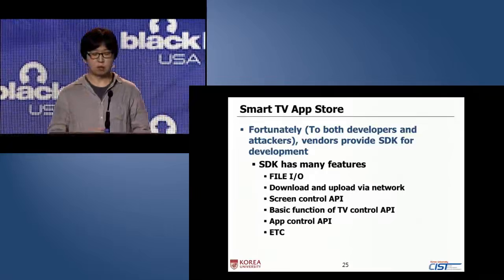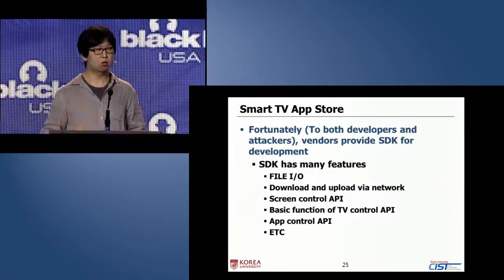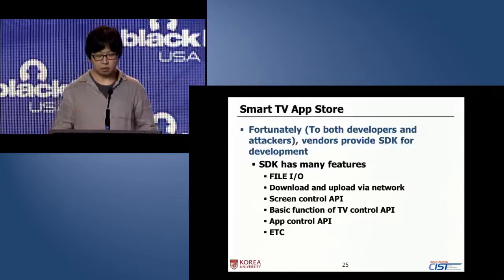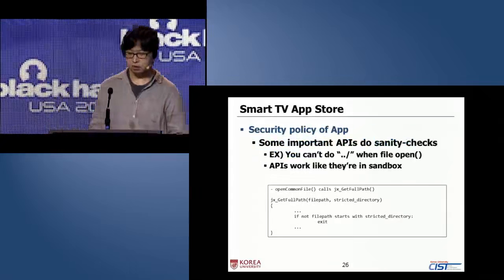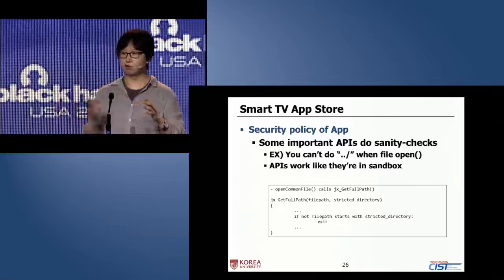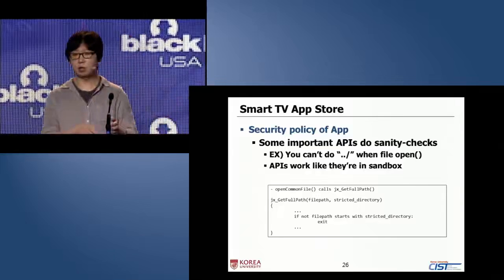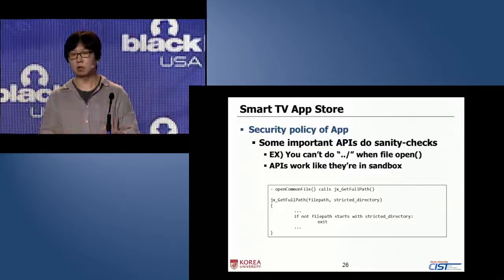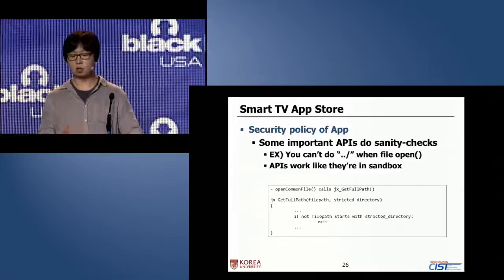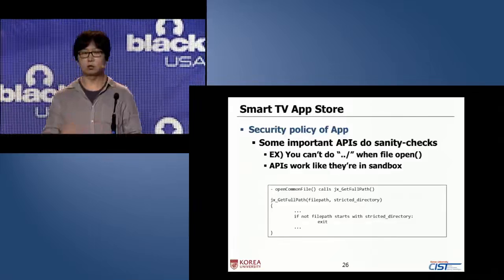For example, you could use a file IO API, or you could control network stuff, or you could control the screen. But the JavaScript and Flash are virtual machines, and you could use this API in JavaScript, but this API is implemented at a native level. Which means you could find some vulnerabilities inside. You would get access to the box.